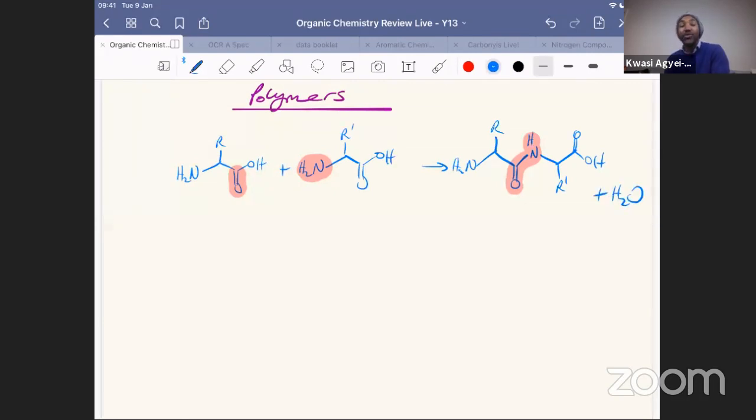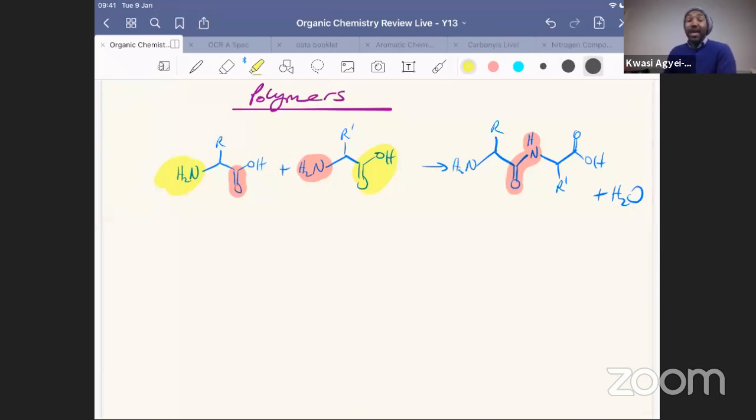And of course, the reaction could have happened with the carboxylic acid group of this species reacting with the amine of that species there. So you've got a dipeptide, or two possible dipeptides, being formed here.